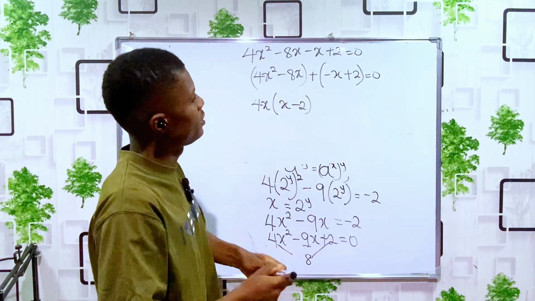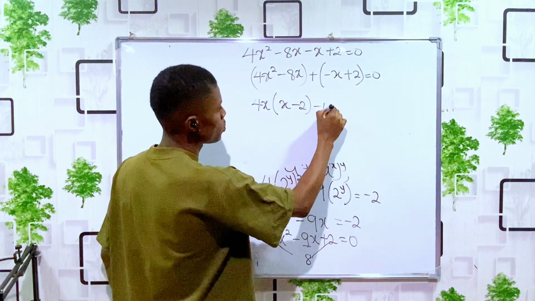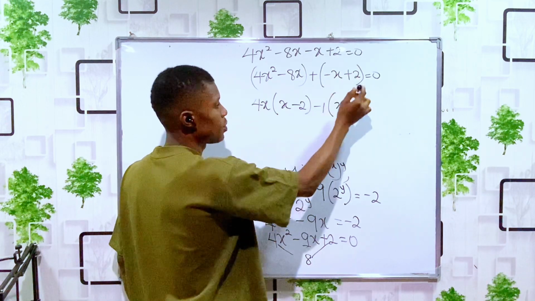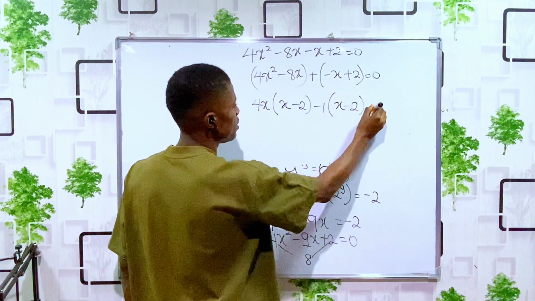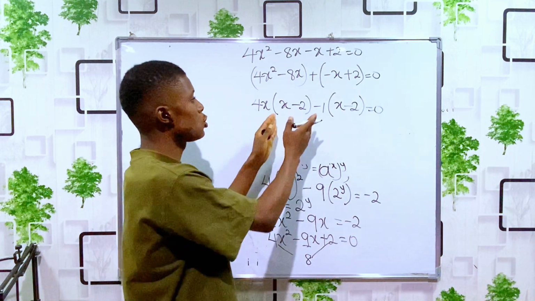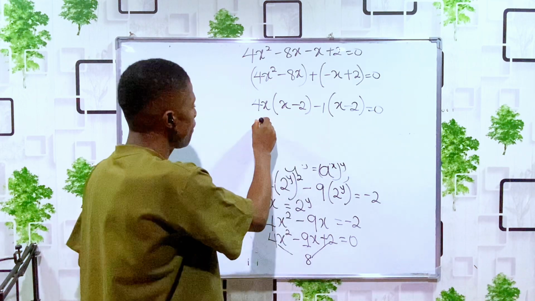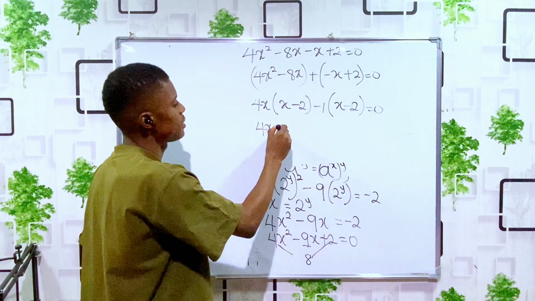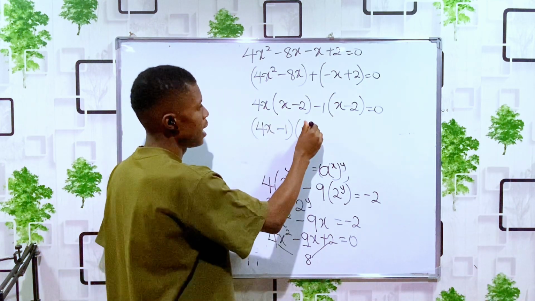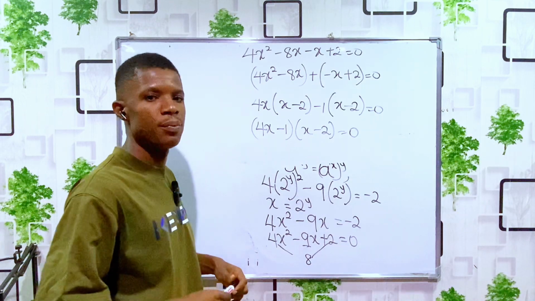Then at this stage, I factor out a negative 1, which is common. What is left? x is left. And if you factor minus 1, you have minus 2. So since these two brackets are the same, we now pick the factor 4x minus 1 in the same group, times x minus 2, is equal to 0.